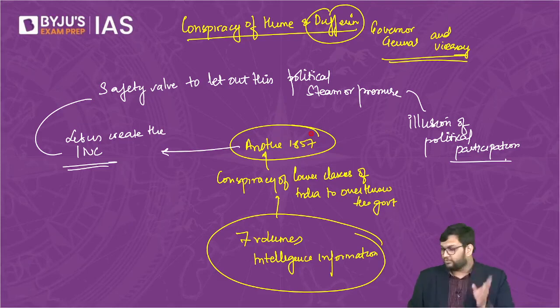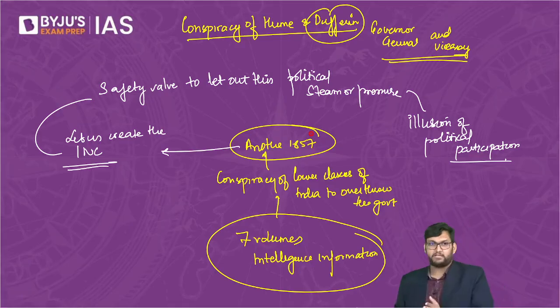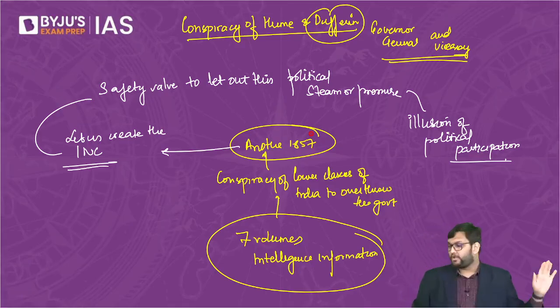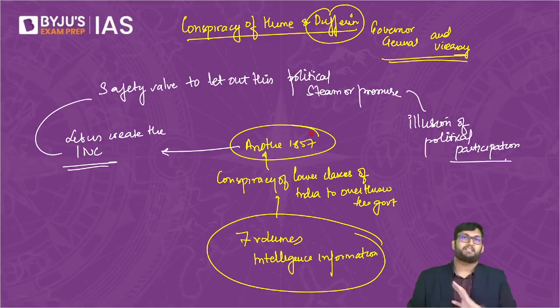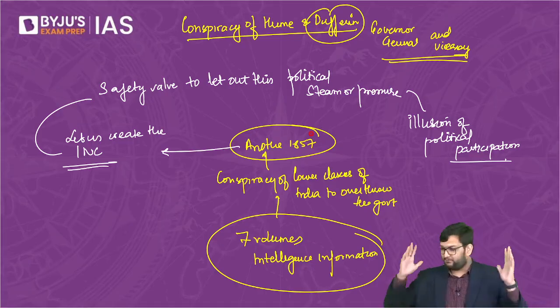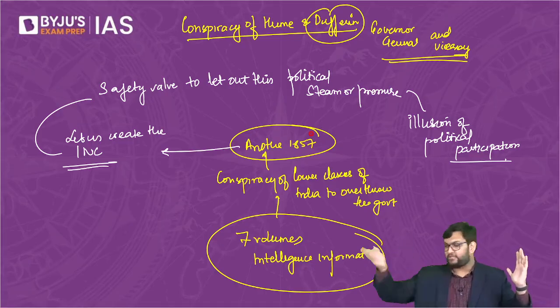So now the question comes, is the safety valve theory actually true, or this conspiracy actually true? And the answer to that question is, there is no historical record of that. There's no communication, there's no documents, nothing at all. Is this basic explanation clear? Because then I'll enter into a new concept which is equally important.